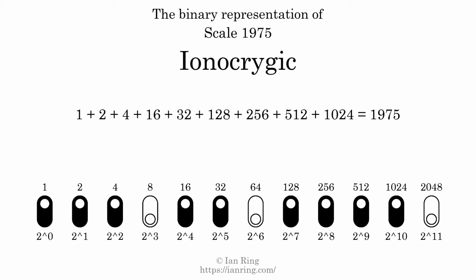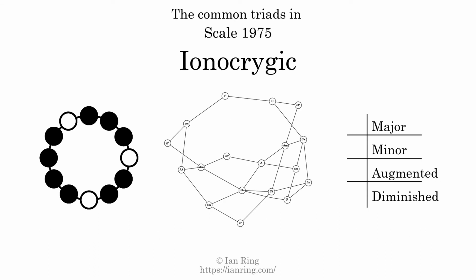That is why the scale number, in decimal, is 1975. The scale number not only enumerates the scale with a unique index, but it also literally describes the tonal content of the scale. Represented as a binary number in base 2, the scale number is 0111101101111.